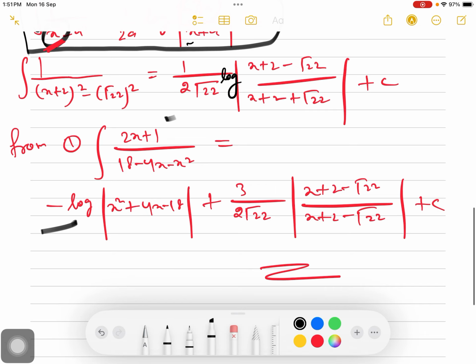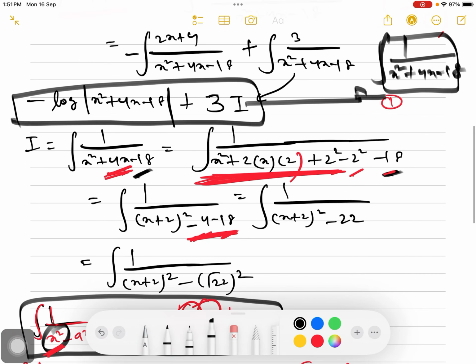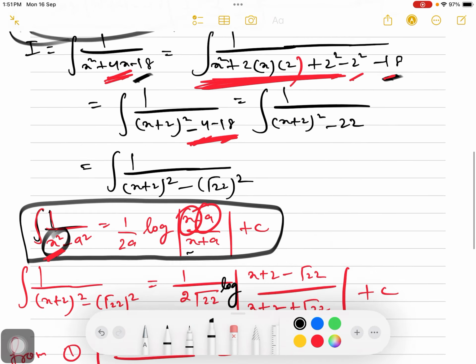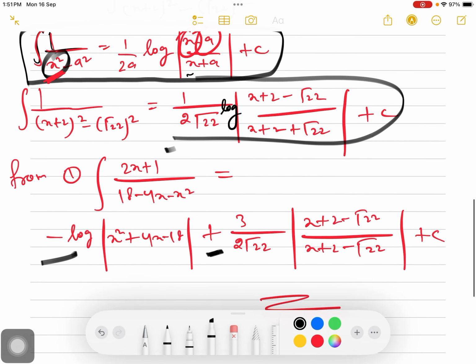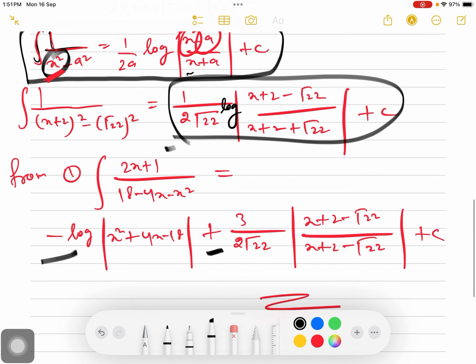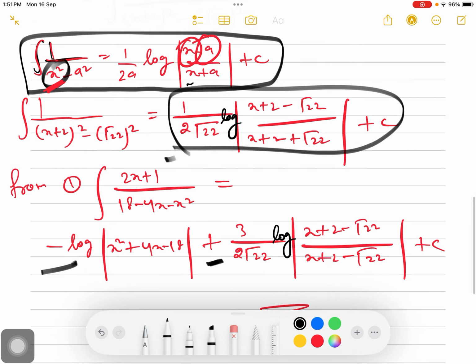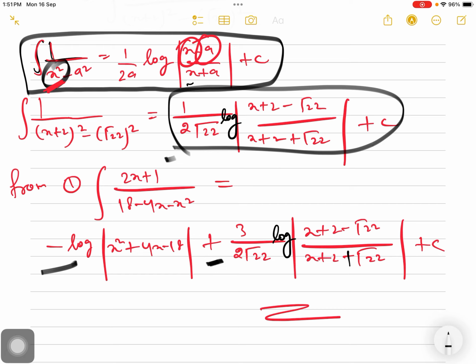So the final answer will be minus log x square plus 4x minus 18, this thing I have copied like that only, plus 3 into this I value. I value is 1 by 2 into root 22 log x plus 2 minus root 22 by x plus 2 plus root 22, plus c. Okay, so this is our final answer.